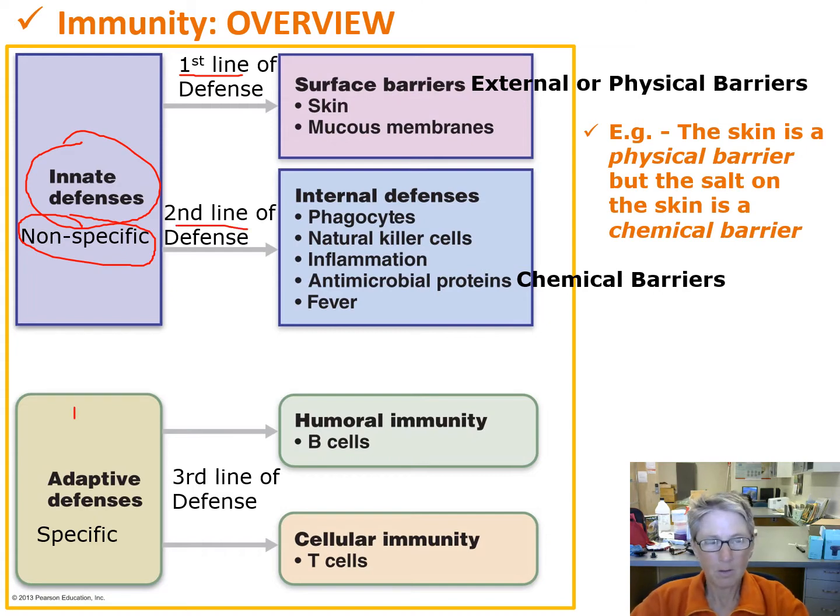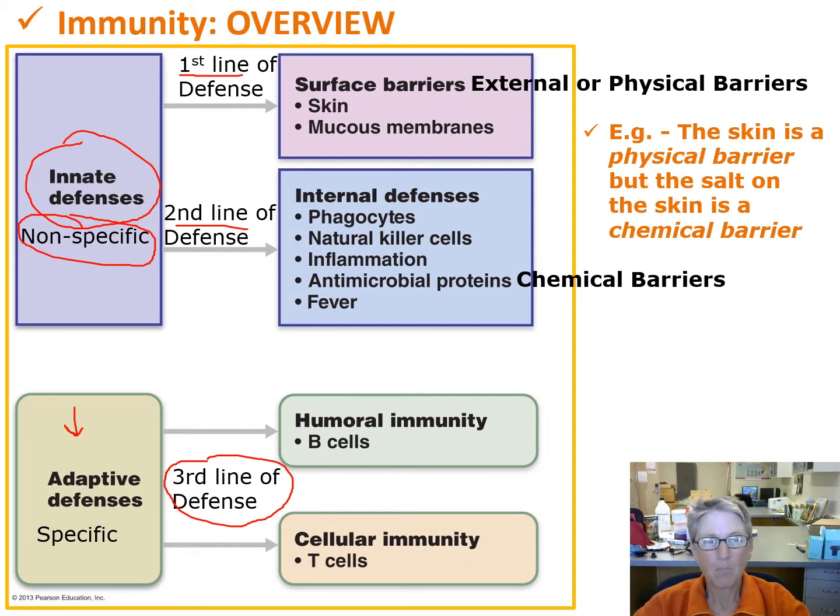Down here in the green box, you have adaptive defenses. Those are also called specific defenses. And the adaptive or specific defenses are your third line of defense. So you have three lines of defense against those microbes that are trying to destroy you. So thanks, Mother Nature, and thanks for making it so complicated too.